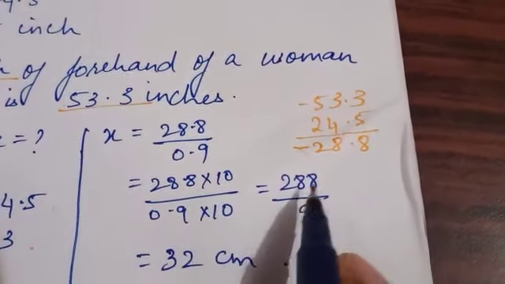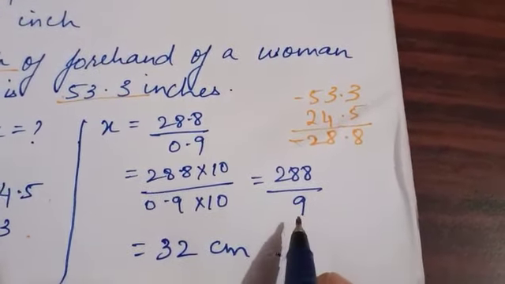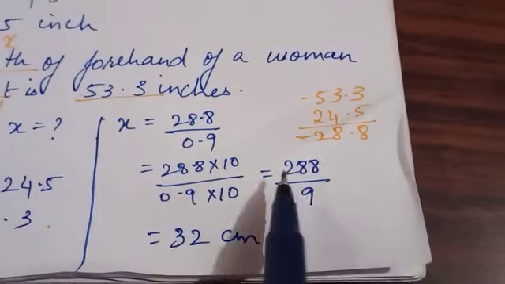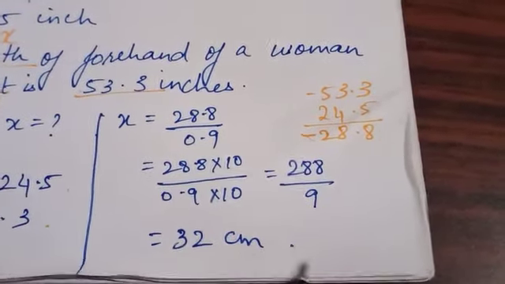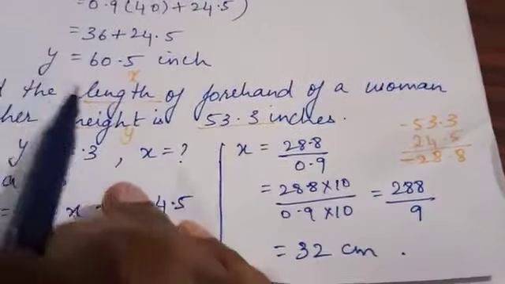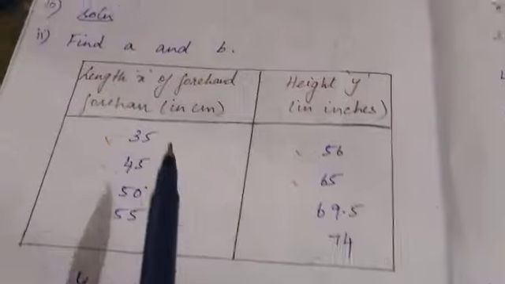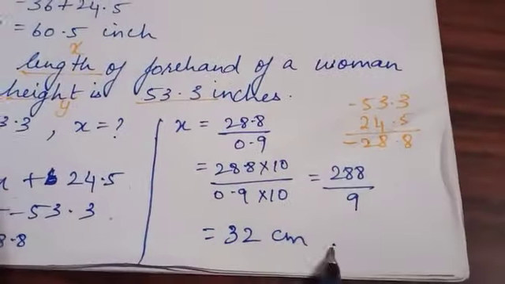So if I multiply, I'll be getting 288 by 9. So if I divide 288 by 9, my answer will be 32 centimeter. 32, since we are finding the length and length is given in centimeter, I am writing centimeter in the answer.